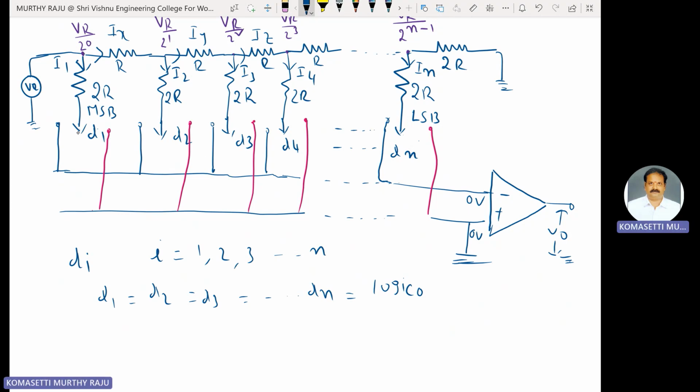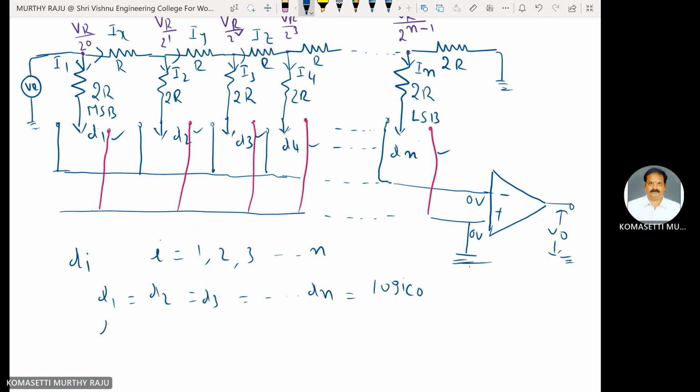Logic 0 means the switches of Di, that means D1, D2, D3, D4 and so on up to Dn, are connected to this point. That is at logic 0, ground potential.